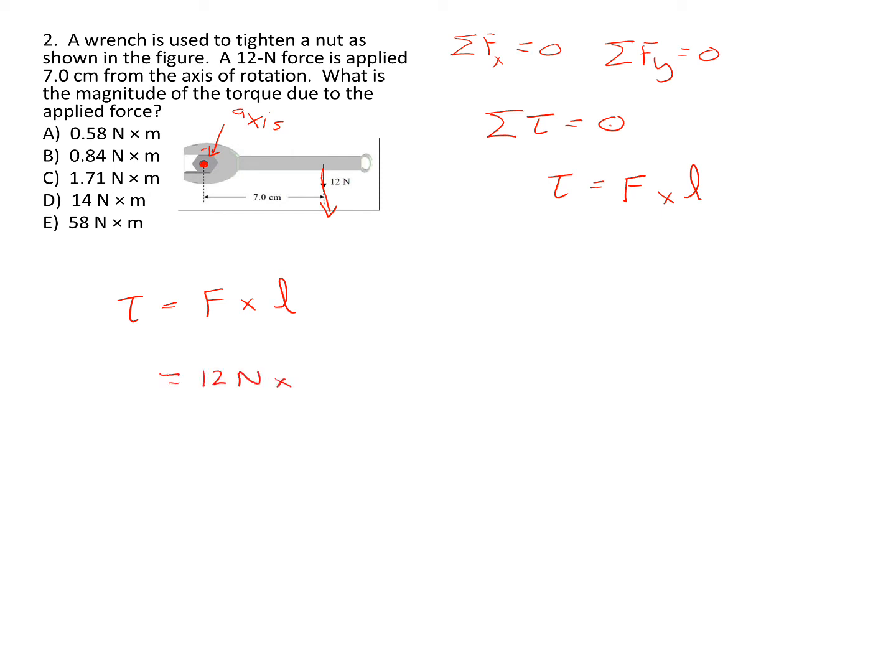And the lever arm is the perpendicular distance from the force to the rotational axis. This is L, which is 7 centimeters. So you have to divide by 100 to convert it to meters, and the torque will be in Newton meters. Then you can get the answer.